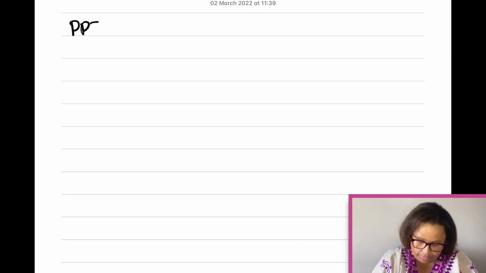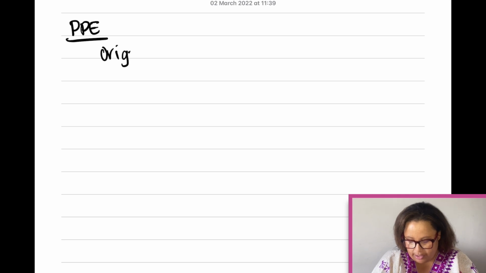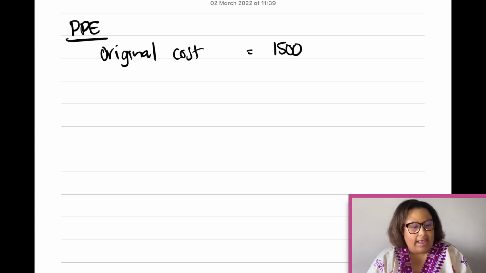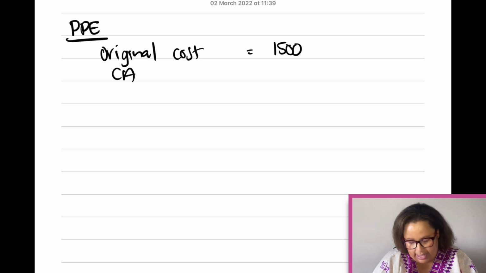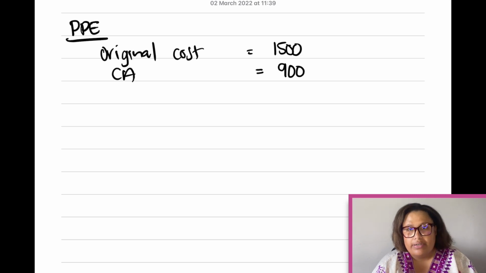So in this example, let's imagine we have an item of PPE. The original cost of this asset was 1,500, and it now has a carrying amount of 900.